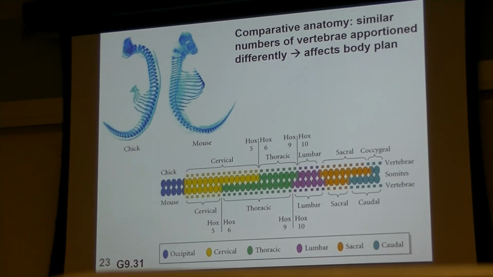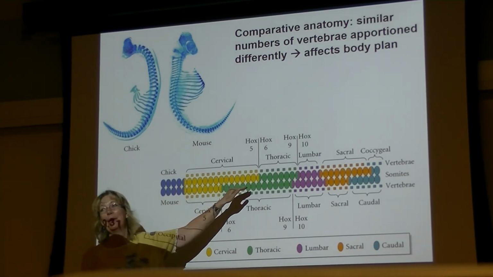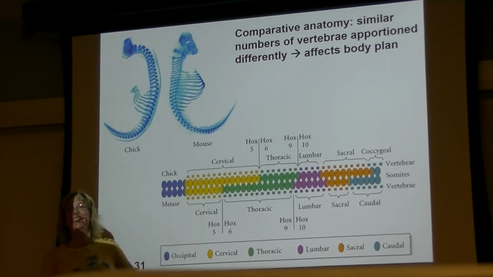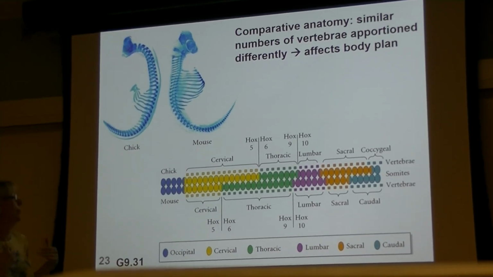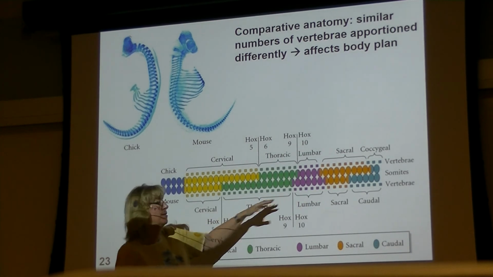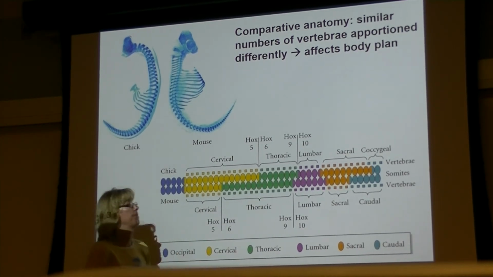And we have different numbers of vertebrae in each of those classes, and this then reflects the appropriate morphology for the different species. So chicks have quite a bit longer necks, apparently, than mice do, if you start thinking about their skeletons and how that's laid out. Mice have a longer chest cavity with more ribs than do chickens.